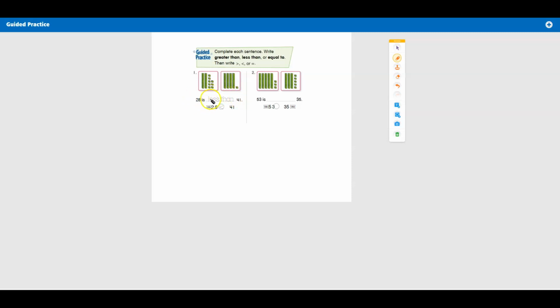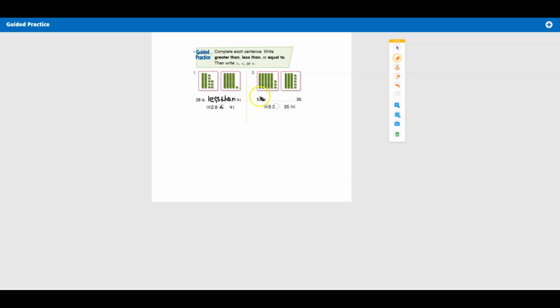28 is less than 41. Then we write the symbols. 28 is less than 41. Let's do the second one together.